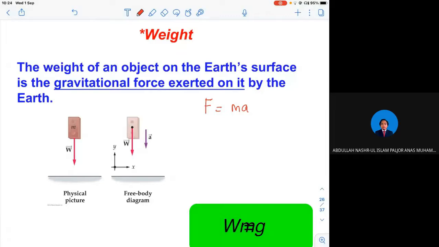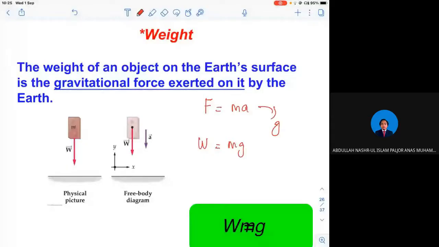And what happens when the object that has mass has an acceleration that has its own name, which is the gravitational acceleration? Therefore, mg will give you some force, W, which means weight. Weight is equivalent to mg, mass times gravity.